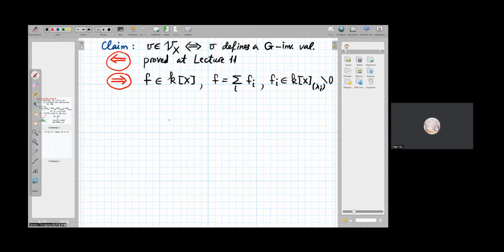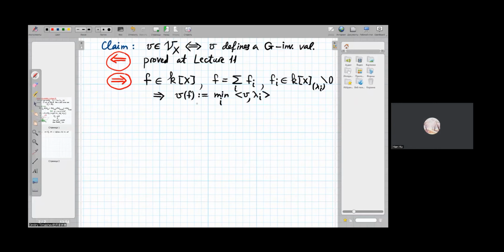then the only way to define the value of the valuation v on this function f is to take the minimum over all i's of pairings of this vector v, which is the linear function on the weight lattice, with these highest weights lambda_i.